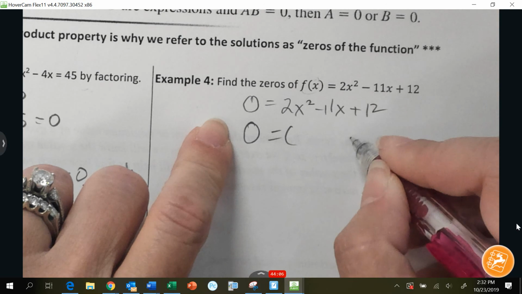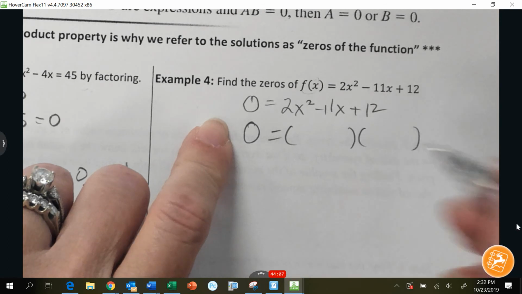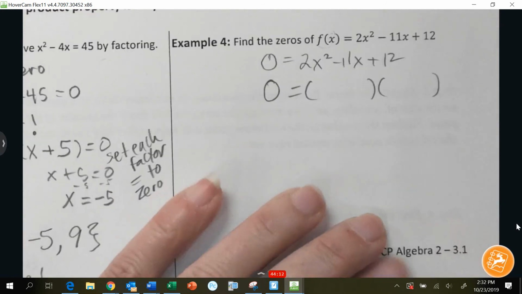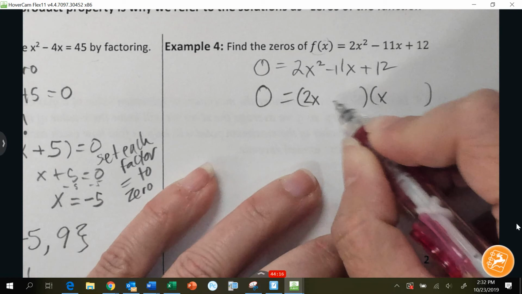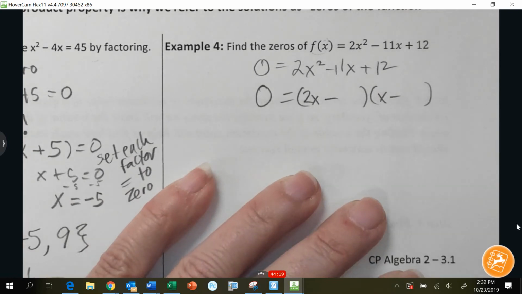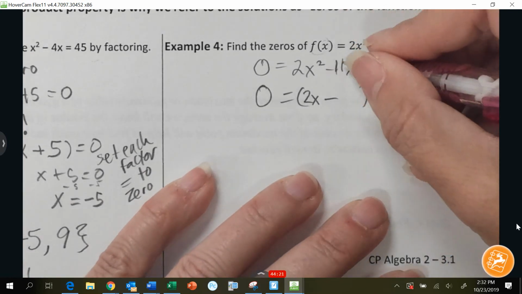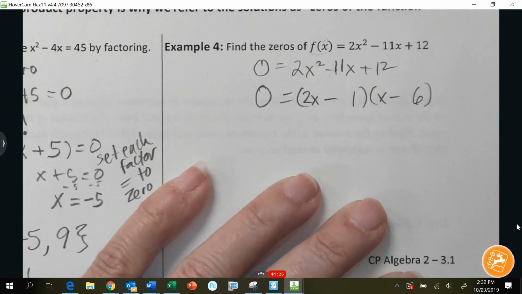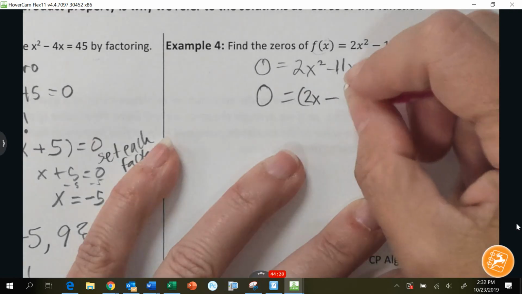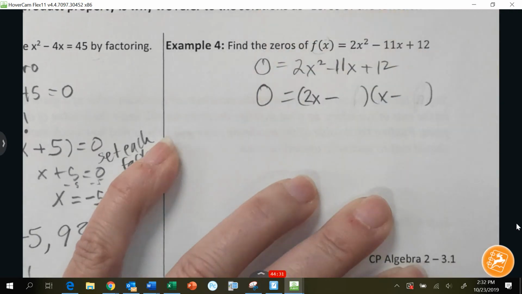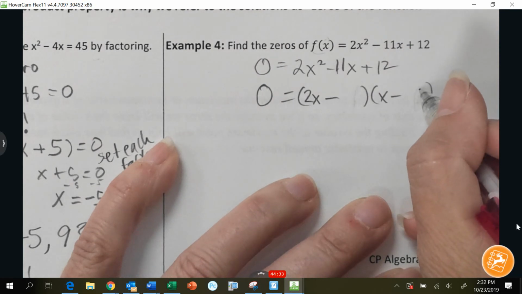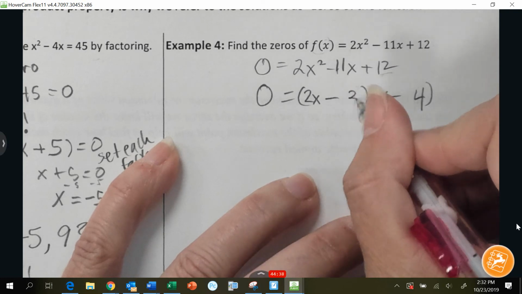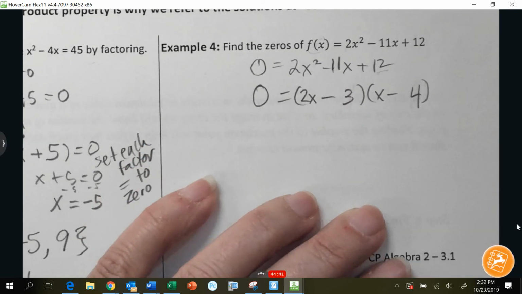Now we factor. It's already equal to 0, so I'm following the rules over here. Make it equal to 0, now we factor. 2x and x. It has to be minus, and it has to multiply together to give us 12, so it's 4 and 3.